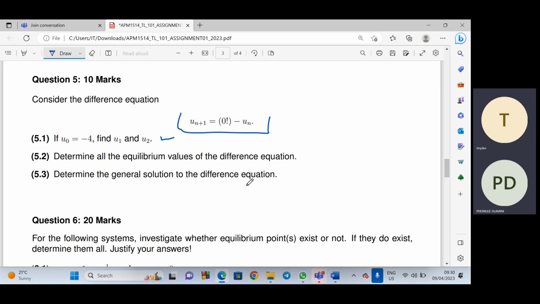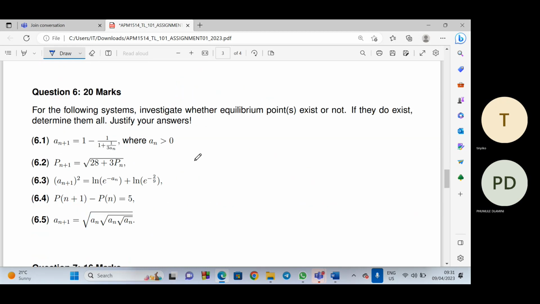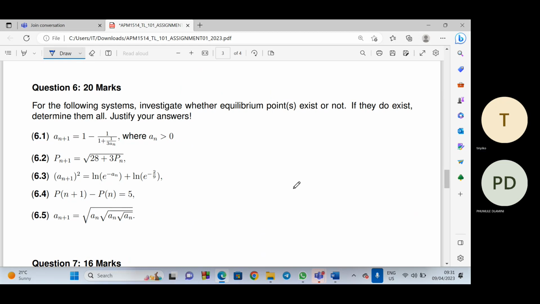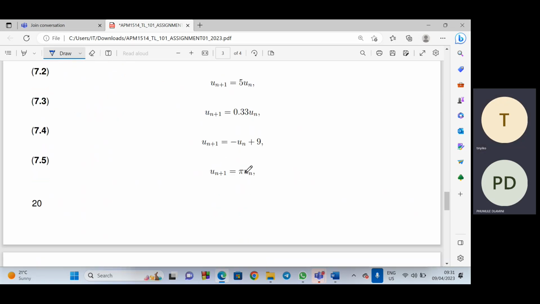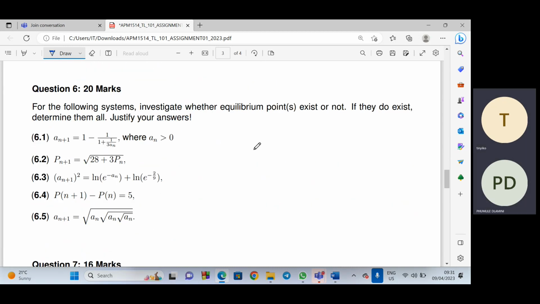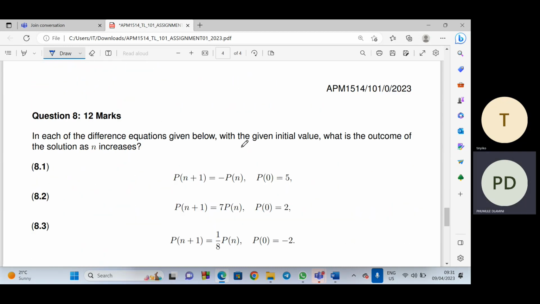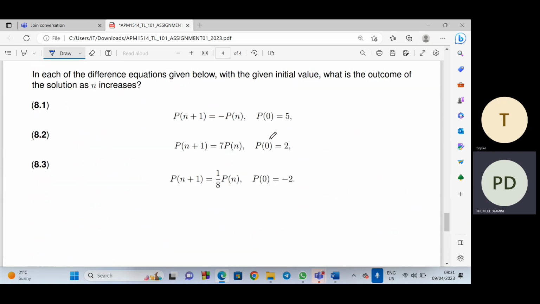Determine the general solution of the differential equation. So these are answers 5.1, 5.2, 5.3, and the equilibrium values. At least cover 5.1 so that they are able to do it.